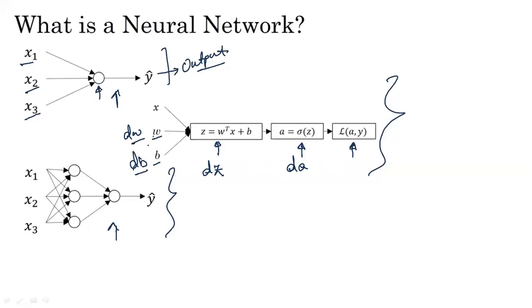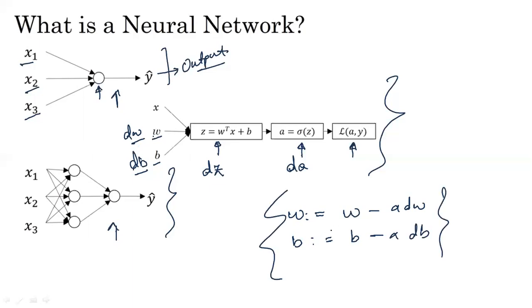Then after finding the values of dW and dB, we are going to update our parameters, that is W colon equal to W minus alpha dW, and b colon equal to b minus alpha db. Okay, so this is basically the parameter update that we are going to perform after backward propagation.